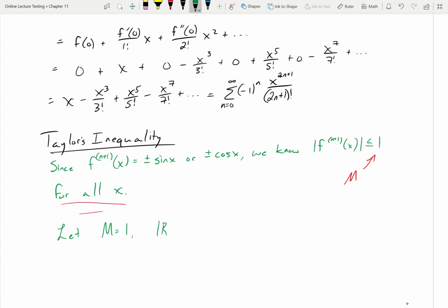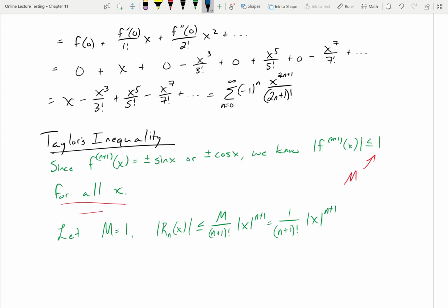So the remainder, again, just rewriting this so that you can see where it comes from and where to plug in these pieces, is equal to 1 divided by (n+1) factorial times the absolute value of x to the n+1.